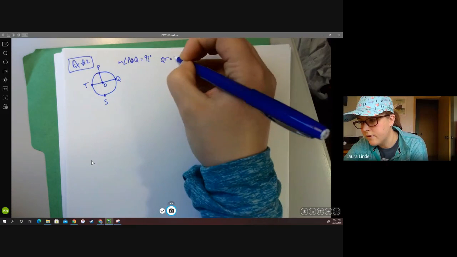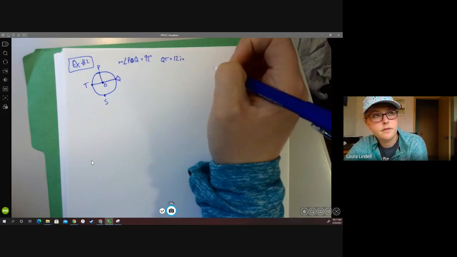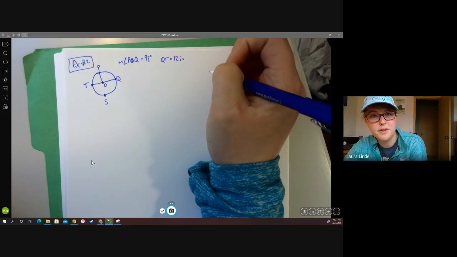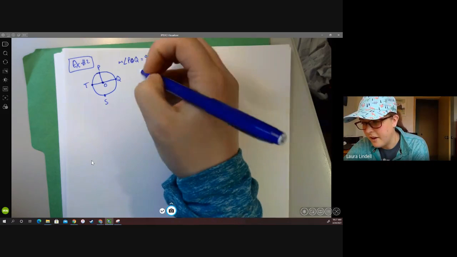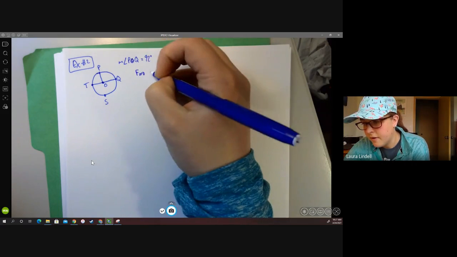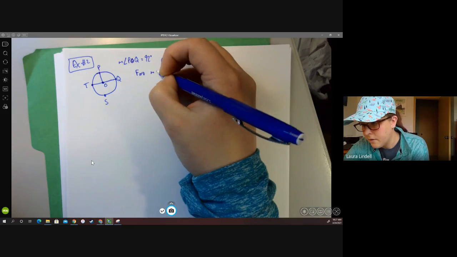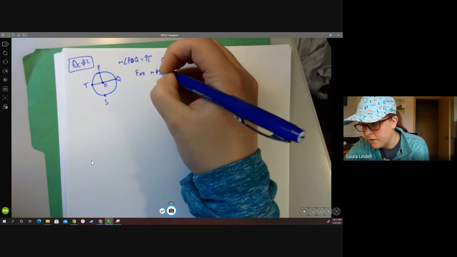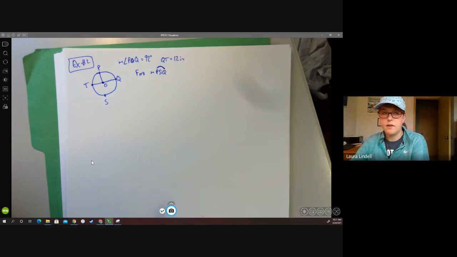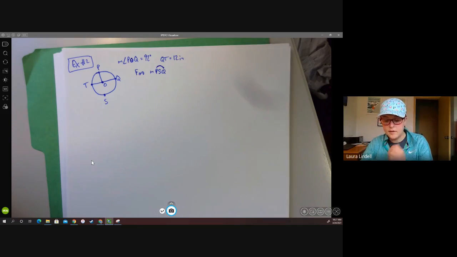QT is 12 inches, or 1 foot. And we want to find the measure of arc PSQ this time.